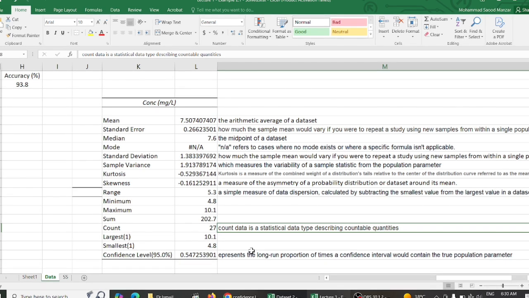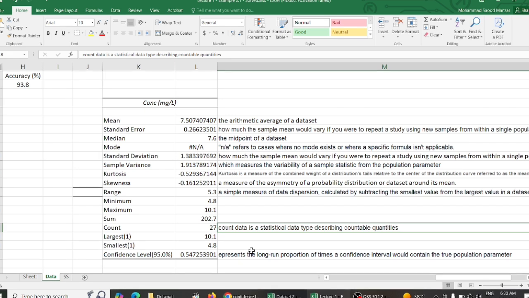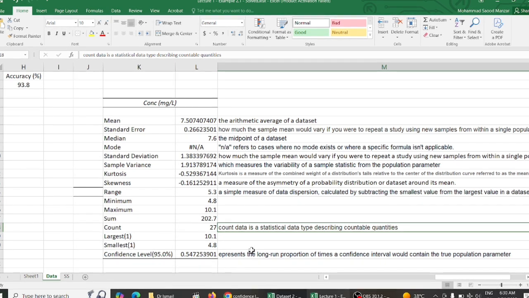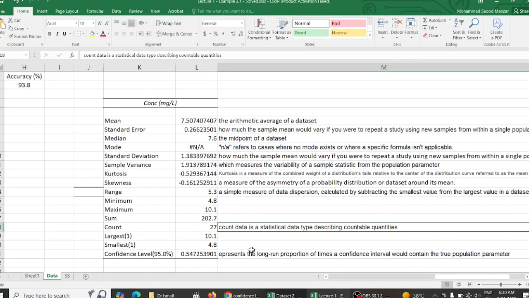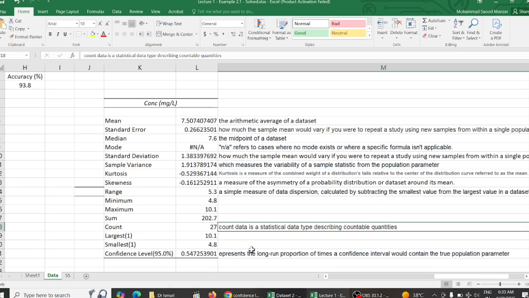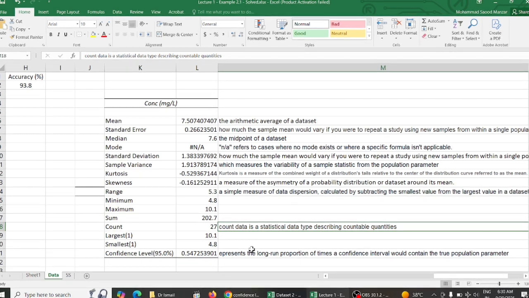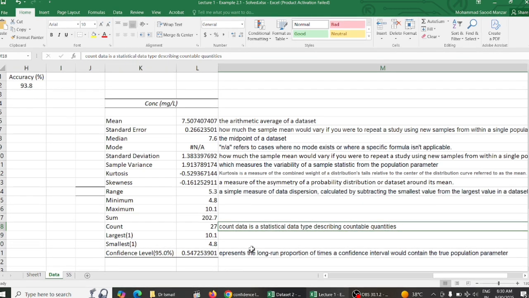represents the long-run proportion of times a confidence interval would contain the true population parameter. For example, for instance, in a condition where we have 95%, it will specify that if the sampling process were repeated many times, and it is going to tell you the measure of precision and stability of an estimate.